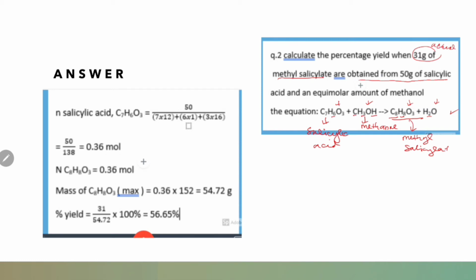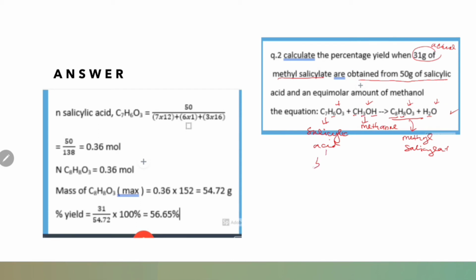amount. We can calculate the theoretical yield. The theoretical yield we calculate the same way as before. So the data is 50 grams of salicylic acid.